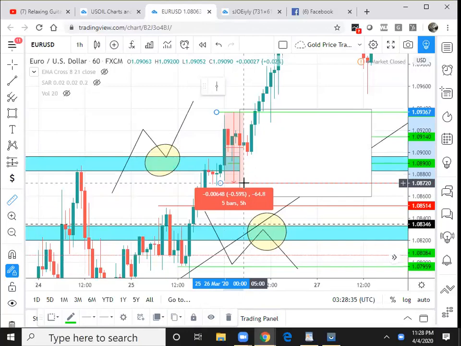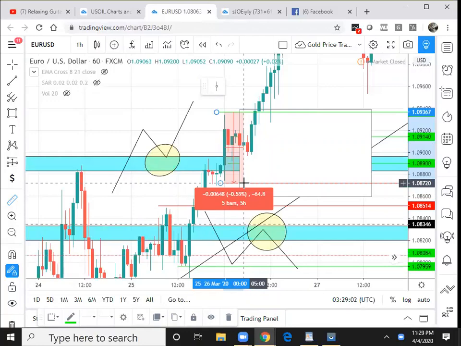So therefore, you basically want to take 50 cents a pip instead of $1 a pip. That will halve the risk, right? So instead of risking $65, now 50 cents a pip will give you around $32.50. All right, and that's more reasonable in terms of risk.